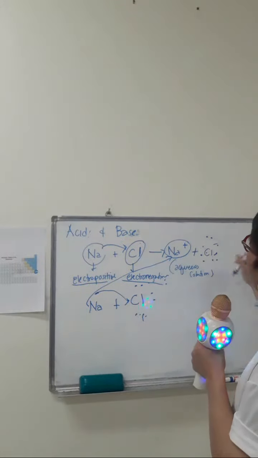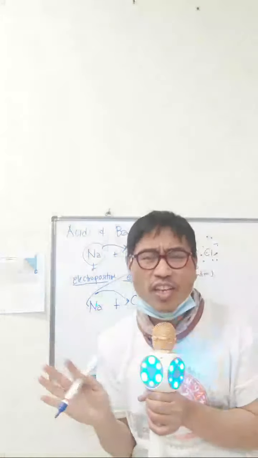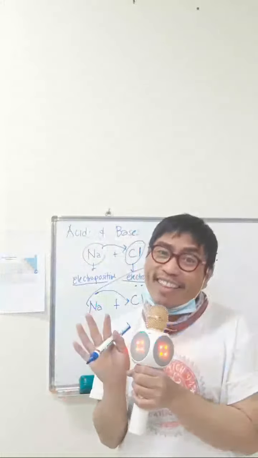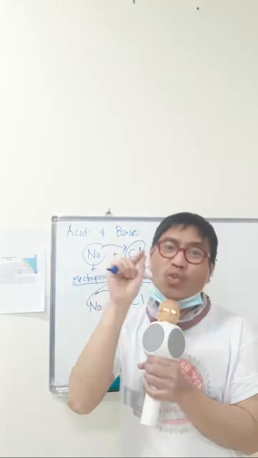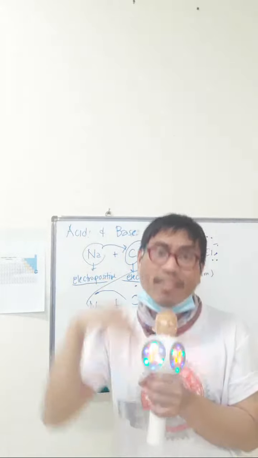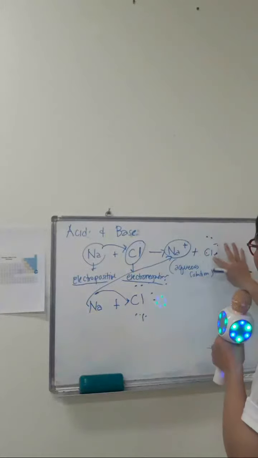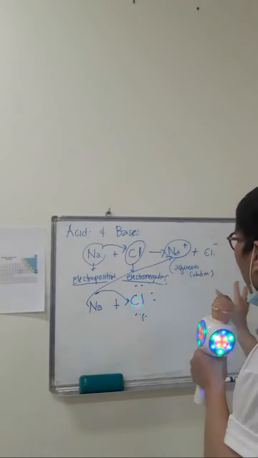It will now become 8 electrons. Since it had 7 electrons and there's an excess of 1 electron, the excess 1 electron will now become a negative 1 charge on chlorine. That's why we have Cl negative 1 and Na positive.